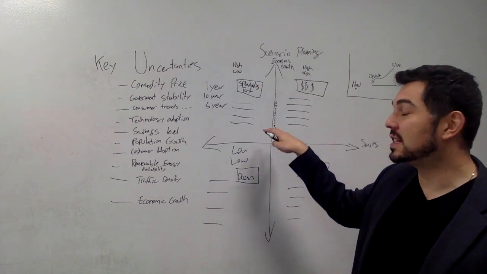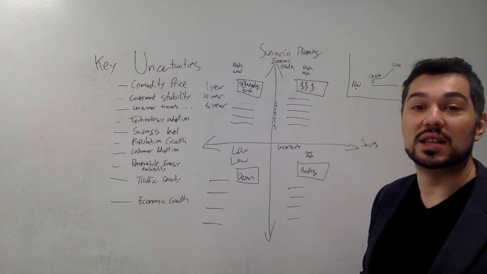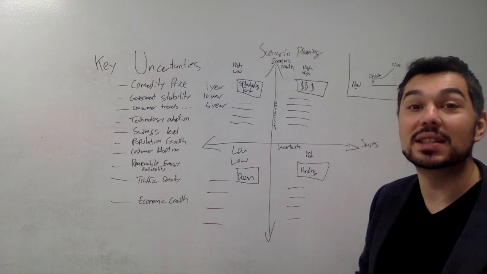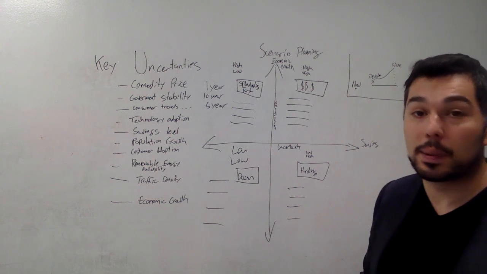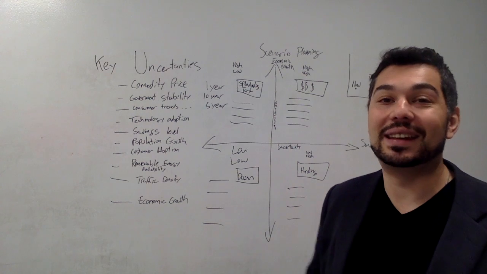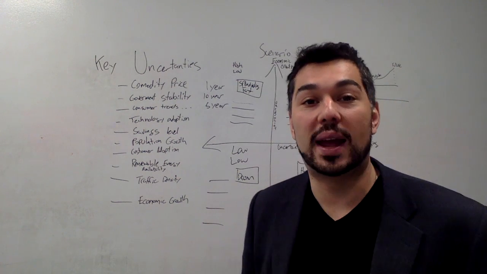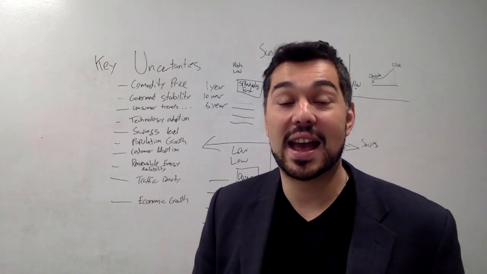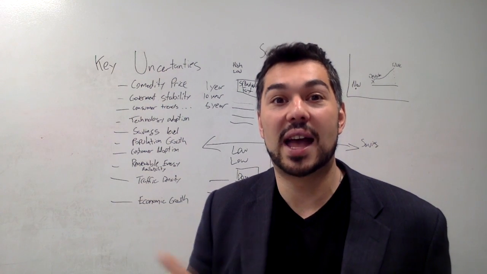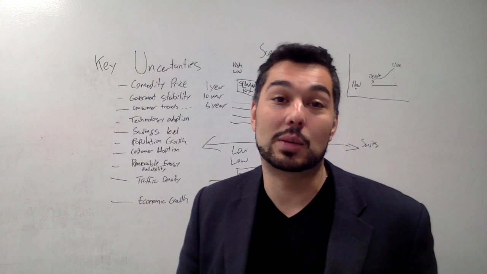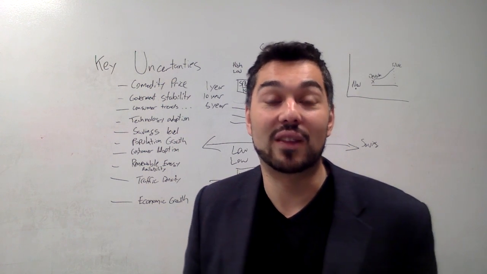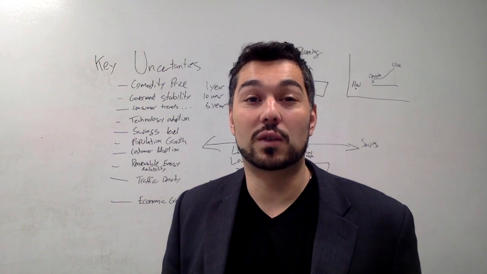And since you've taken the time to identify these alternate realities, then you can be more prepared, which means you're going to spend less money reacting to things. It means you're going to be ahead of trends in the marketplace, and you're going to be ahead of consumers or ahead of competitors when it comes to decision making and planning. And that means you're going to get an advantage and you're going to be more successful long term.